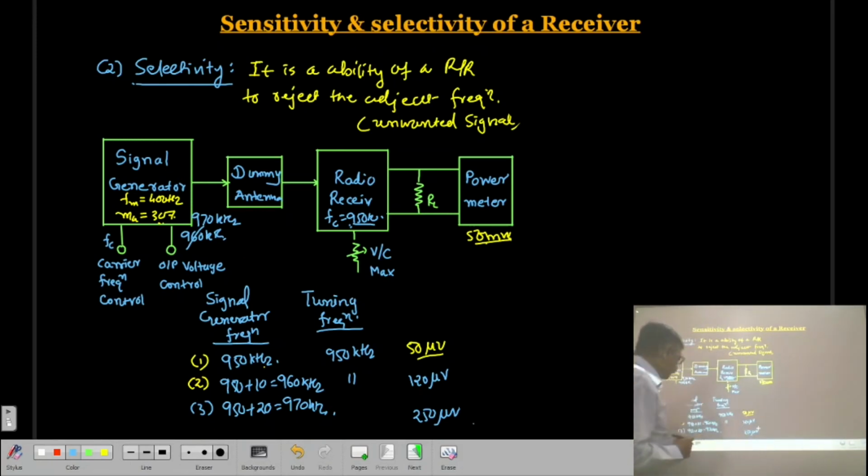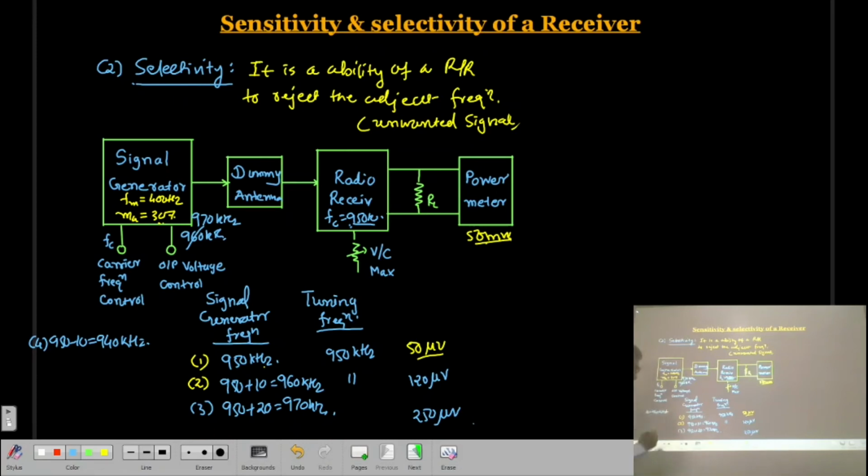Now instead of applying 960 and 970, now you apply a frequency of 950 minus 10, so that is 940 kilohertz. Detune the signal generator by 10 kilohertz. Correct?